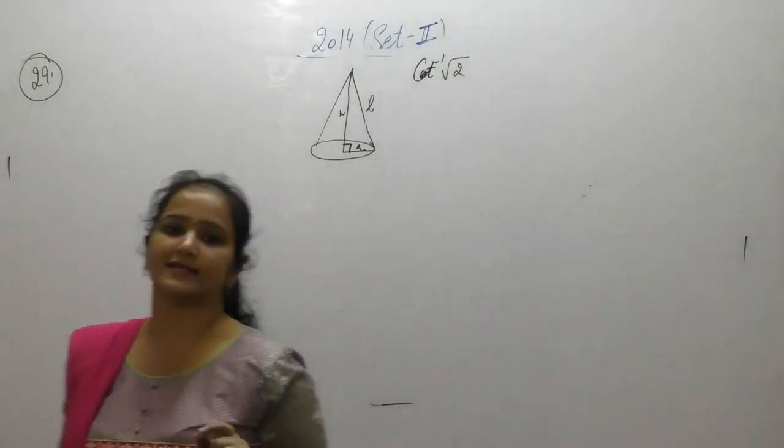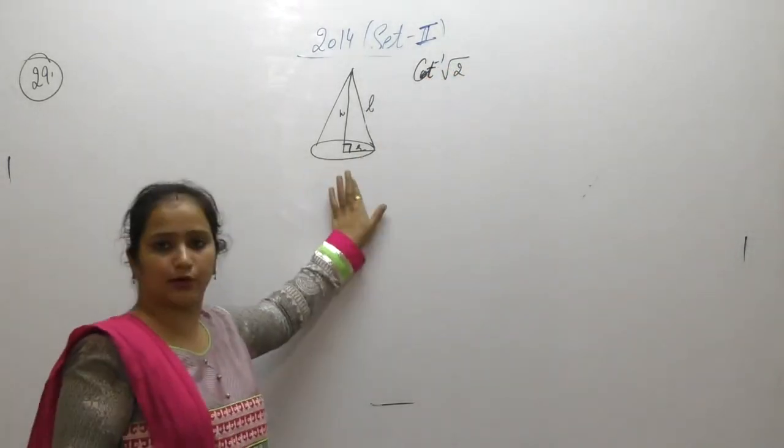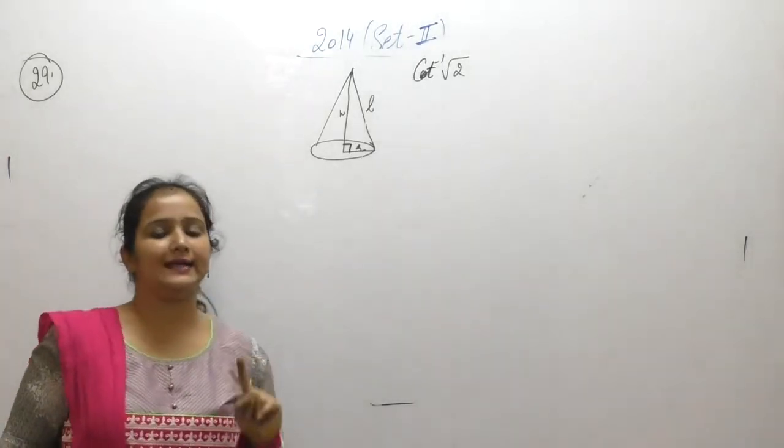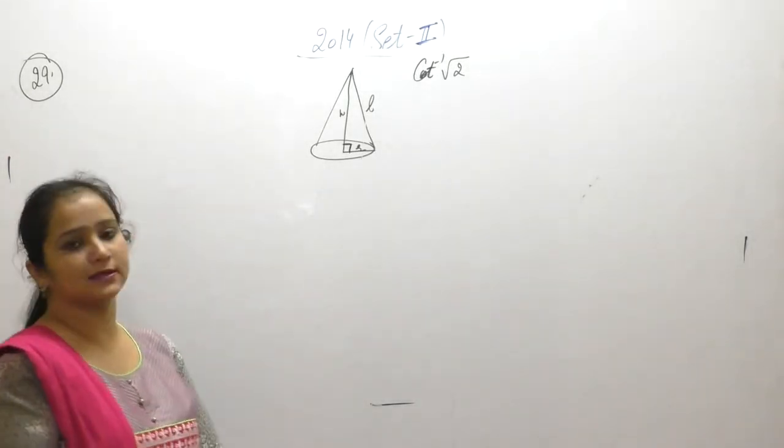First we make the shape of the cone. Let this be the radius, the height, and this the slant height. Right circular cone means it makes an angle of 90 degrees with the base. We have to prove that the semi-vertical angle of a right circular cone of given volume and least curved surface area is this.